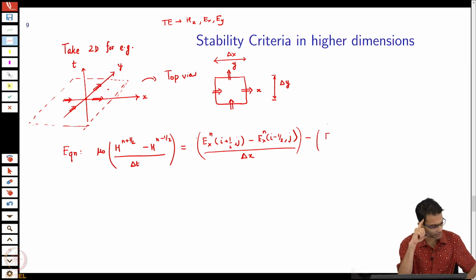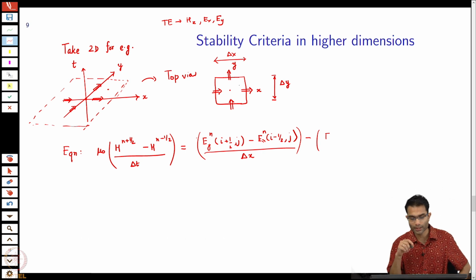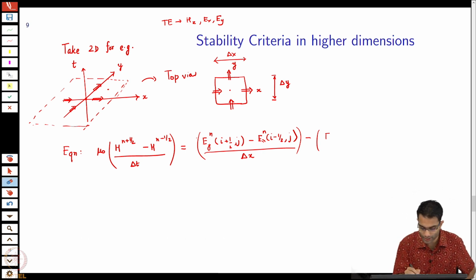actually something is not right. Yeah, exactly. So this is Ey. So this is the origin over here. So Ey is being evaluated at I plus, no, so this should be Ex only, and this should be delta y.